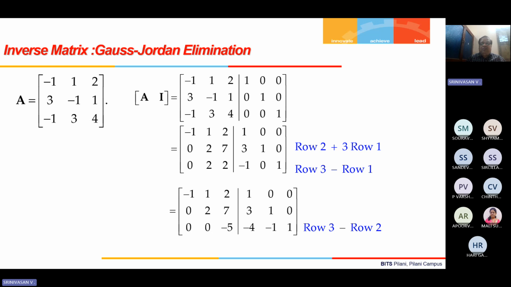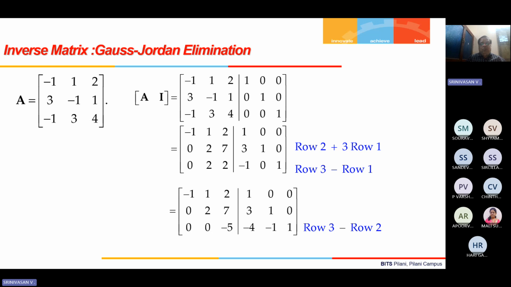So how will you get this element 0? If you subtract. So you need to get the new R3. So R3 minus R1, because minus 1 minus of minus 1, you get minus 1 plus 1, 0. So the new R3 is going to be obtained by the elementary operation of existing R3, that is row 3, minus row 1.